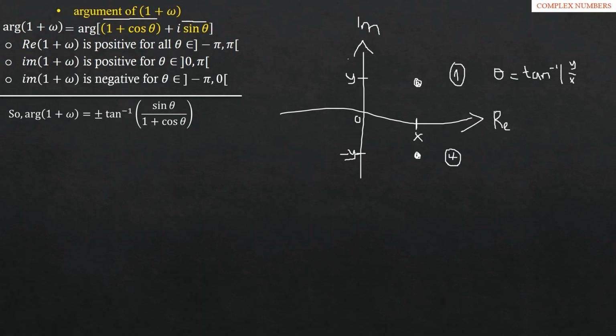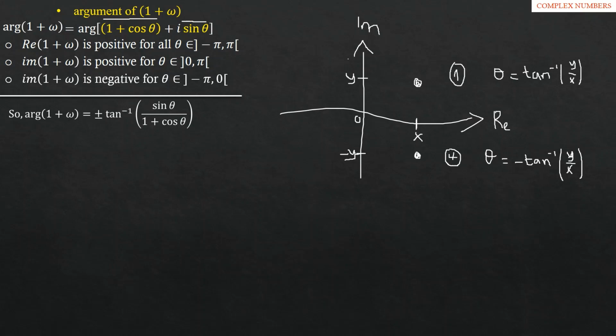Okay, now in the fourth quadrant, my argument is just negative tan inverse of y divided by x still, so negative tan inverse of y divided by x. Okay, so we see that if we combine the two, because we were not given any condition here about theta, we can combine the two.